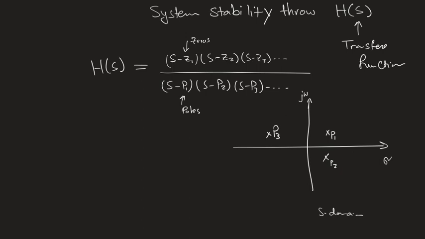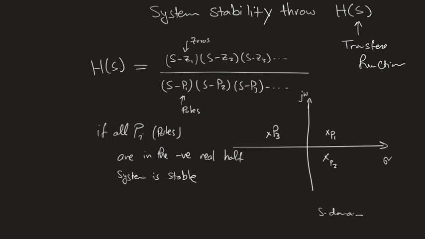If all the poles of the system are in the negative real part, so they are in this part of the graph, then your system is stable. So if all the p_i's, the poles, are in the negative real half, the system is stable.